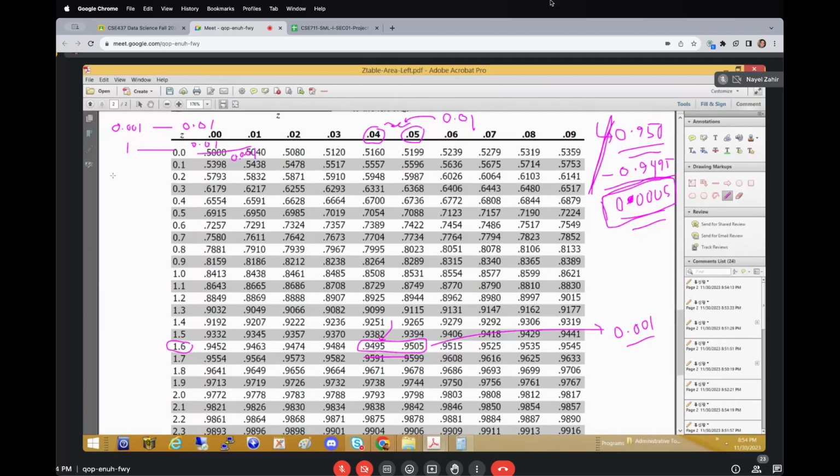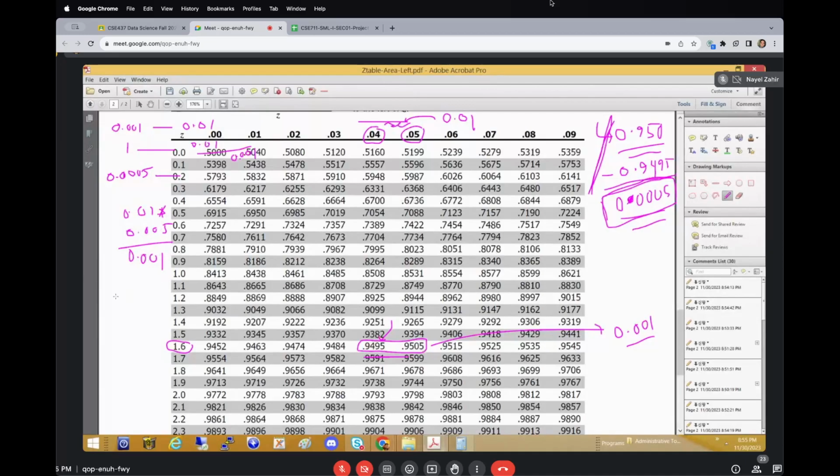So for this difference, the change in y-axis values will be 0.01 times 0.0005 divided by 0.001.